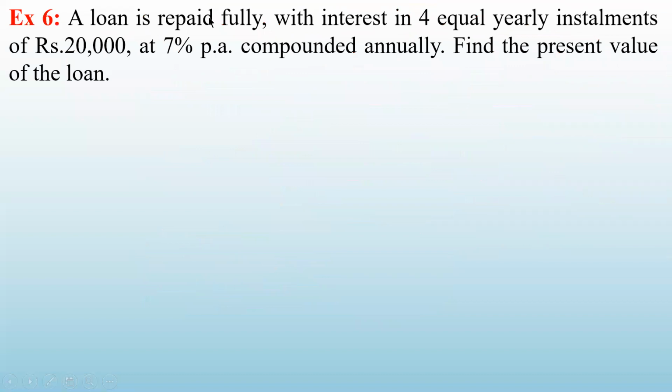A loan is repaid fully with interest in 4 equal yearly installments of rupees 20,000 at 7% per annum compounded annually. Find the present value of the loan. Look at what is given in this problem. A loan is repaid fully with interest in 4 equal yearly installments of rupees 20,000.